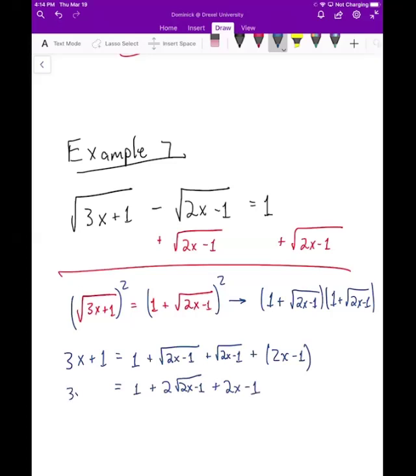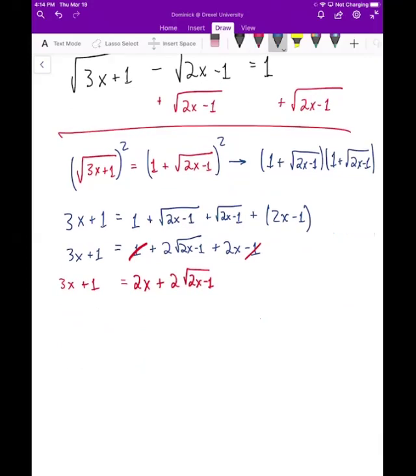And all this is equal to 3x plus 1. So on the right side, I guess we can clean up a little bit. We can say that the 1's cancel. And then we have 2x plus 2 square root of 2x minus 1. And this is all equal to 3x plus 1.